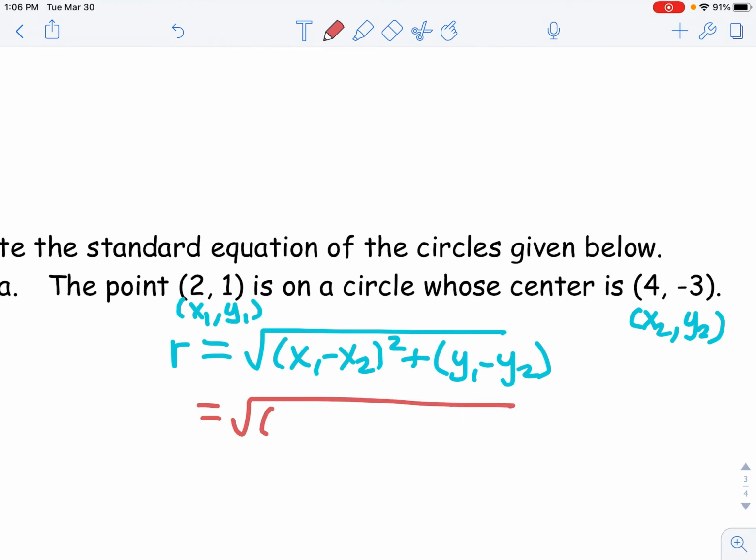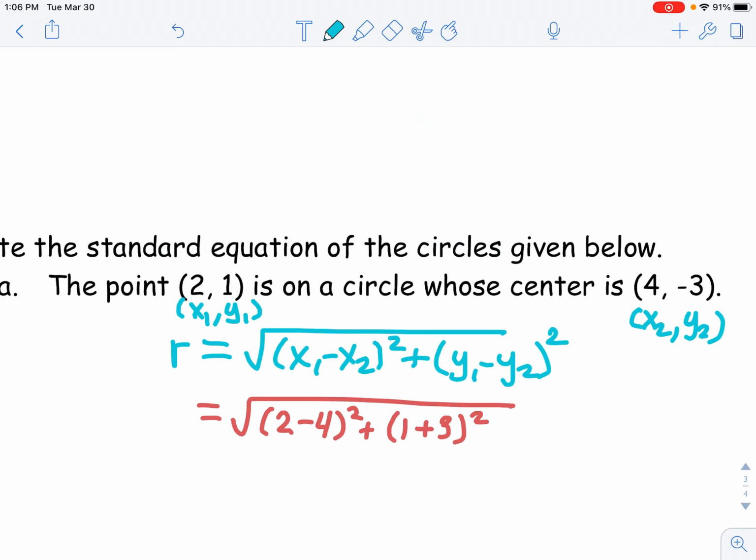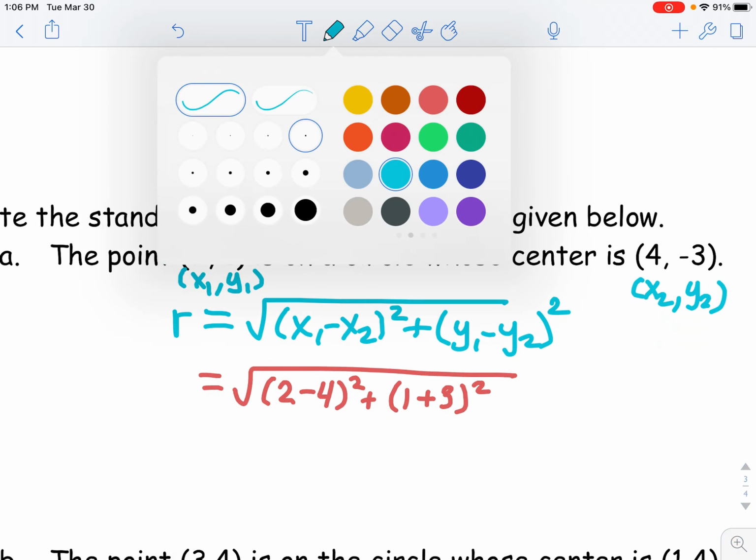All right, so the square root is going to be (2 minus 4) squared plus (1 minus negative 3), so y plus 3. Oops, and I forgot a square up here. Oops. All right, so then it's going to be computing it.